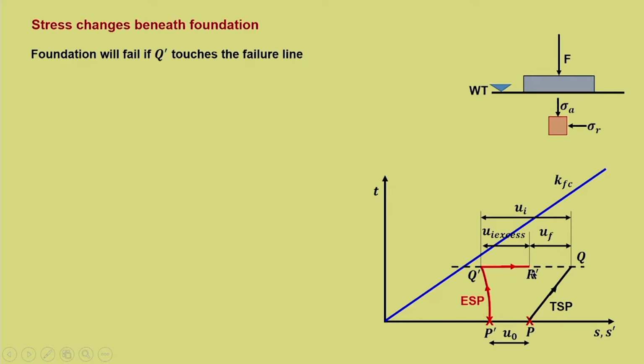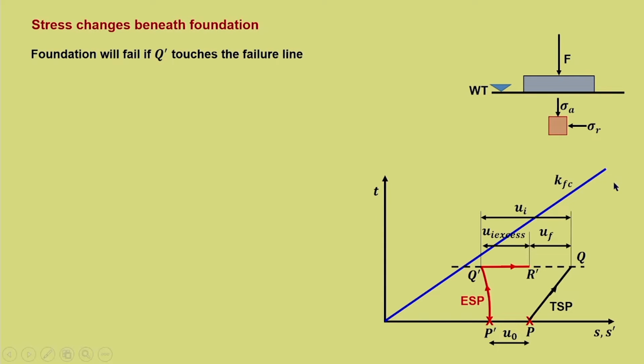I am talking specifically with respect to the undrained condition, and if the foundation crosses this undrained period and the pore water pressure starts dissipating, you can see that the effective stress is moving rightwards, that is away from the failure line. So, does it fail? No, it can fail only when it touches the failure line.